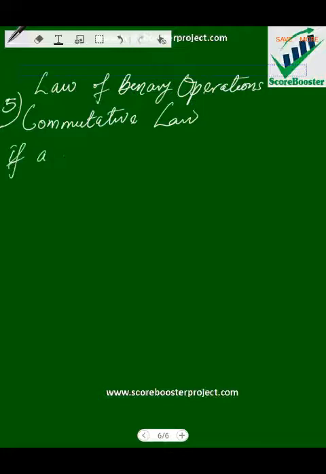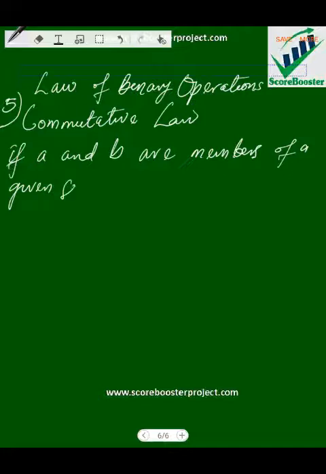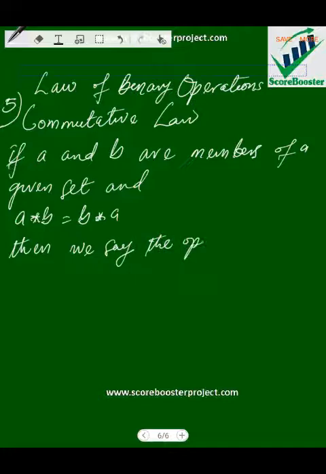If A and B are members of a given set, and A star B is equal to B star A, then we say the operation star is commutative.